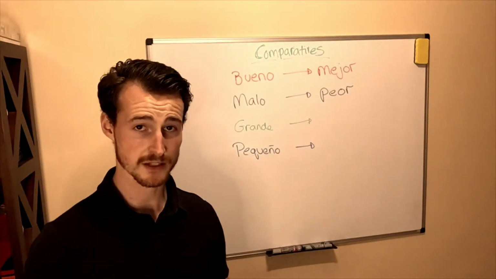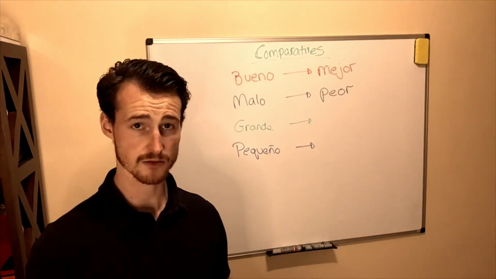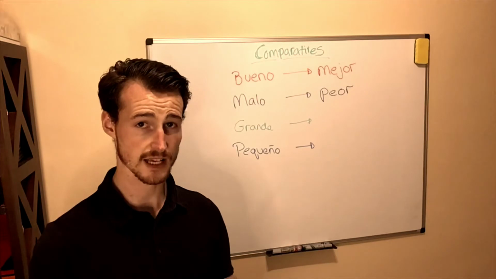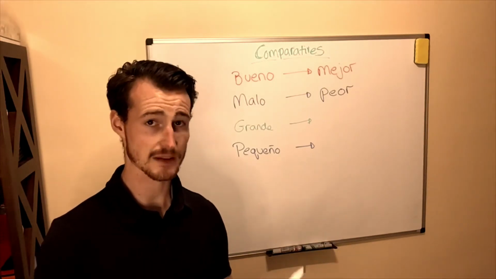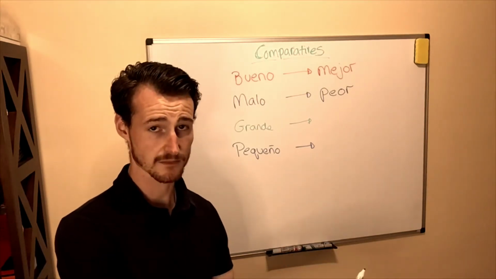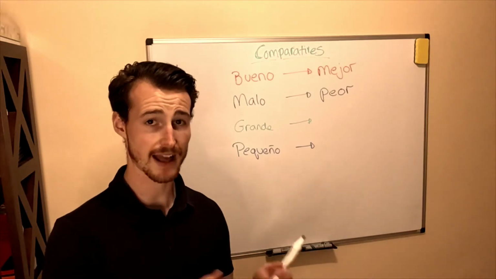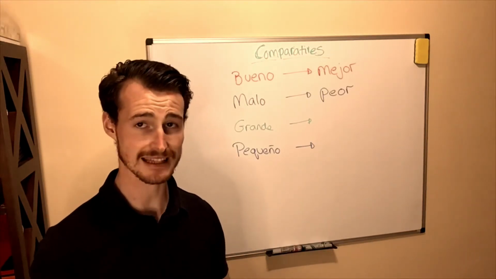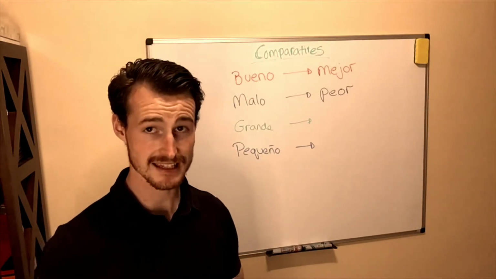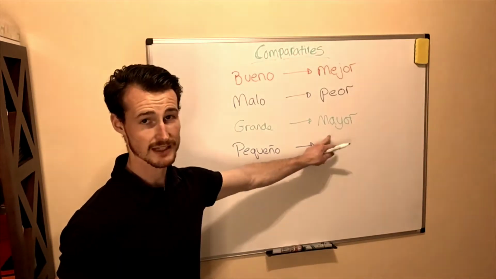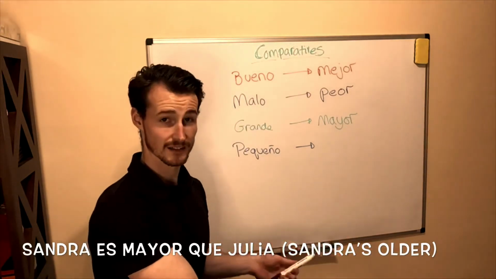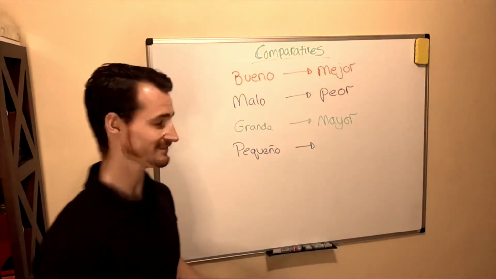Now imagine between two siblings, Sandra is older than Julia. Okay, so instead of saying Sandra es más grande que, if we're talking about age, we would say older in English. So Sandra es mayor que Julia.